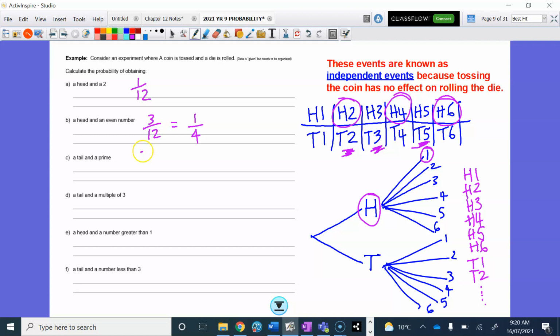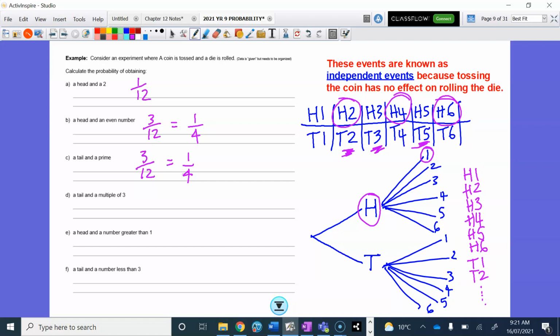So we have 3 out of 12 also, so the probability is 1/4. The number 1 is not a prime number, and the number 1 is also not a composite number. It's a special number all on its own. Technically, the number 1 only has one factor, not 2. That's why it isn't a prime number.